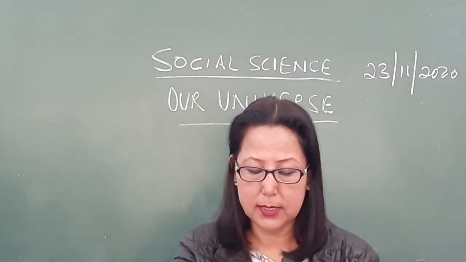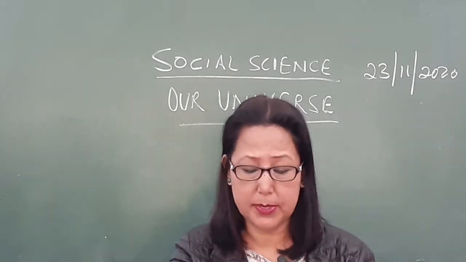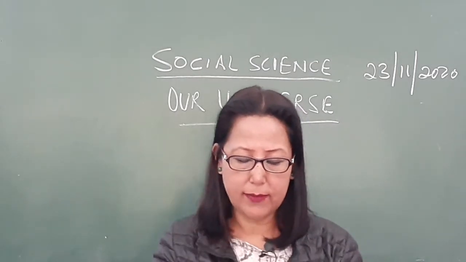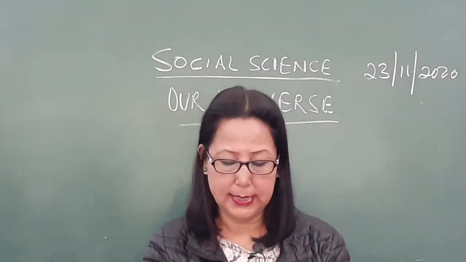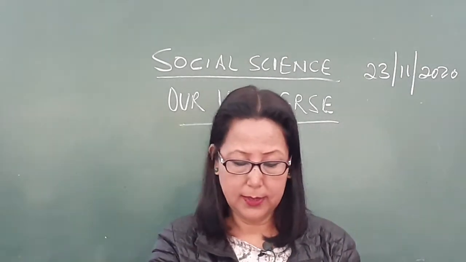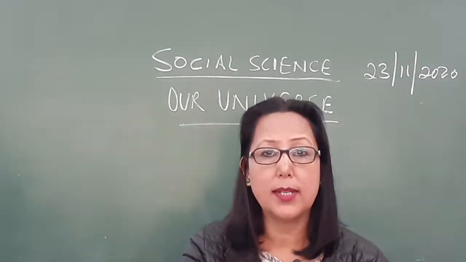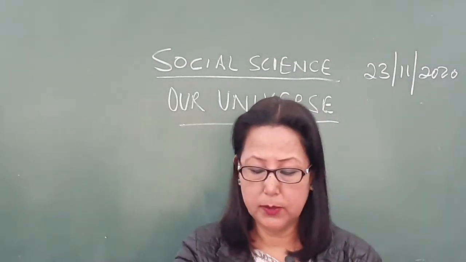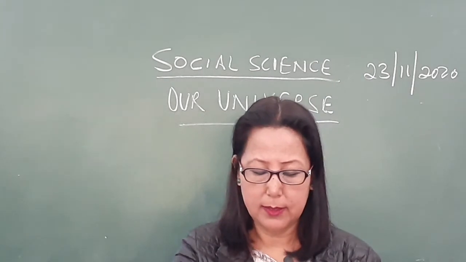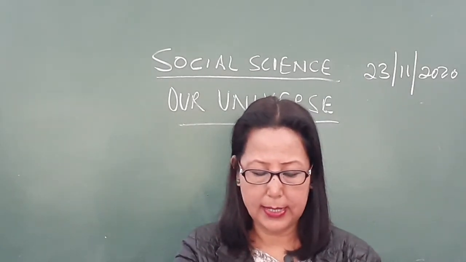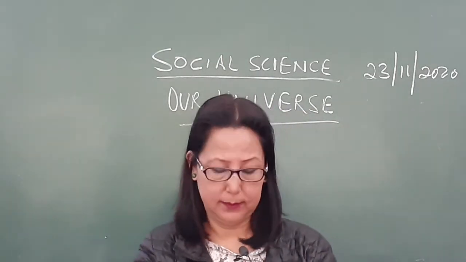All the planets in the solar system except Mercury and Venus have their own natural satellites. The Earth has only one satellite, the Moon. The Moon is our nearest neighbor. It has no light of its own. It reflects the light of the sun.